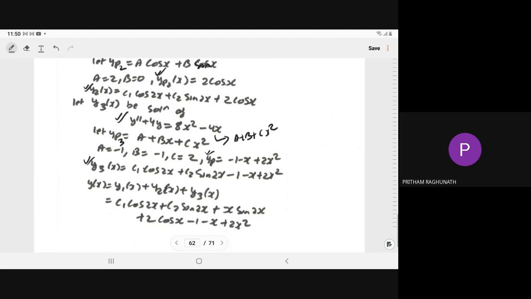So here when we have three independent problems with three independent solutions, their sum will be the solution of the combined problem. So y = y1 + y2 + y3. The complementary function we write only one time, c1 cos 2x + c2 sin 2x, plus yp1(x), yp2(x), and yp3(x) will be the solution of the given complete equation or combined equation.